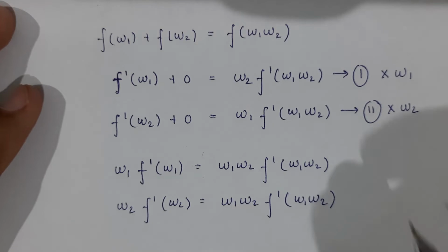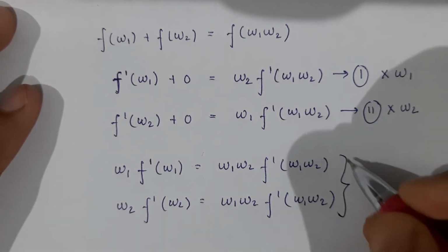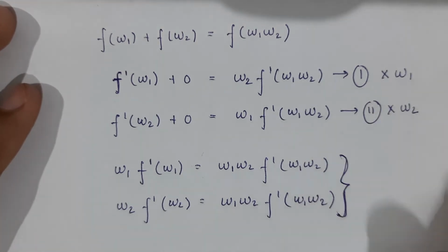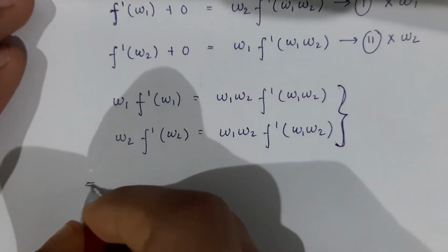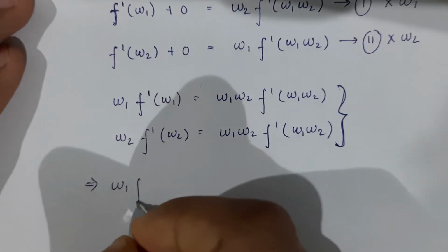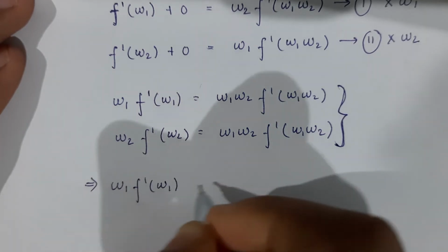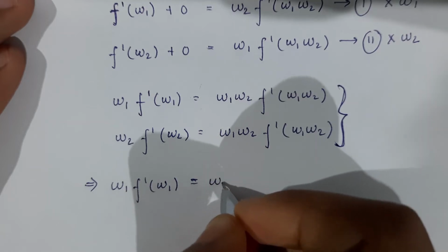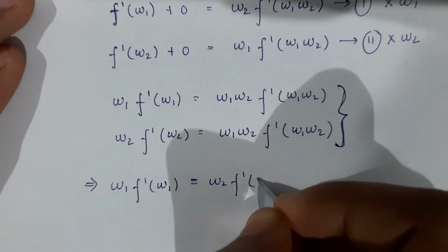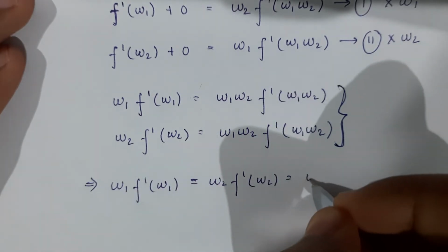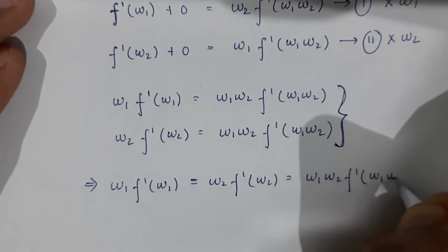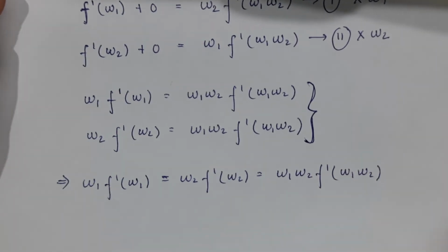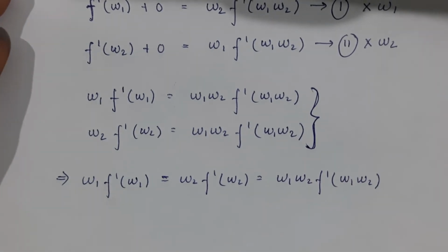We see that the right-hand sides of both equations are equal. So equating them, we get omega 1 times f dash omega 1 equals omega 2 times f dash omega 2 equals omega 1 omega 2 f dash of omega 1 omega 2. This is the equation we get after partially differentiating.